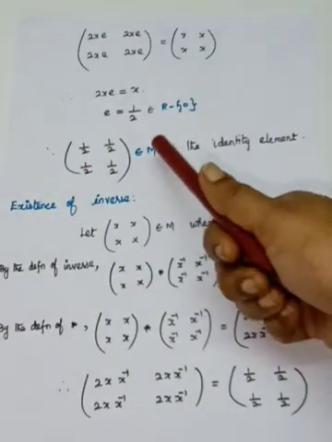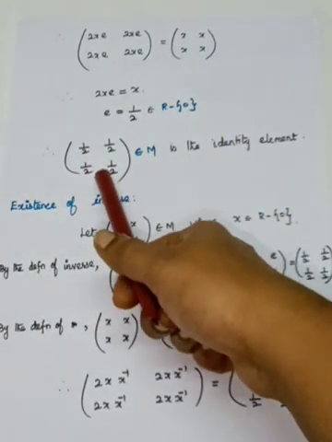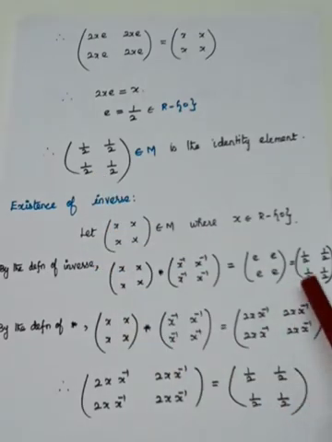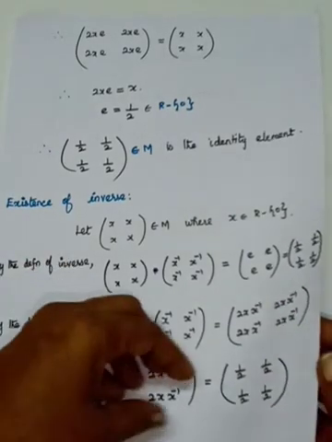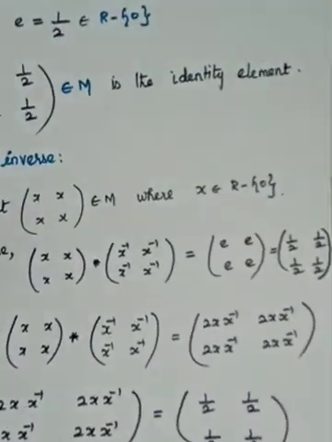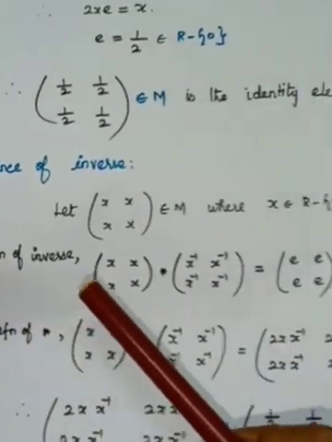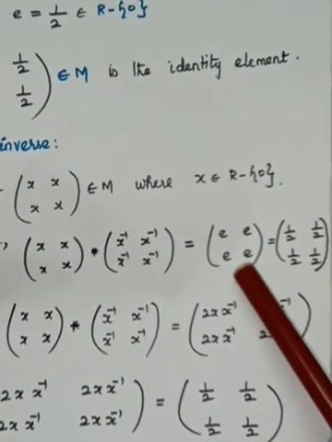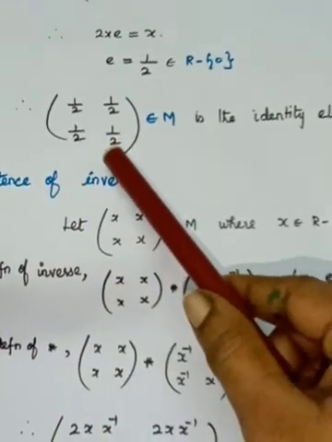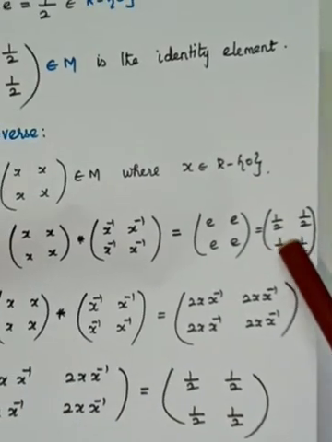We have proved this is the identity element, the matrix having the entry 1 by 2. So in the place of e you have to write 1 by 2, 1 by 2, 1 by 2, 1 by 2. By the definition of inverse, A asterisk A inverse is equal to e. So here your identity matrix is this one for this problem.